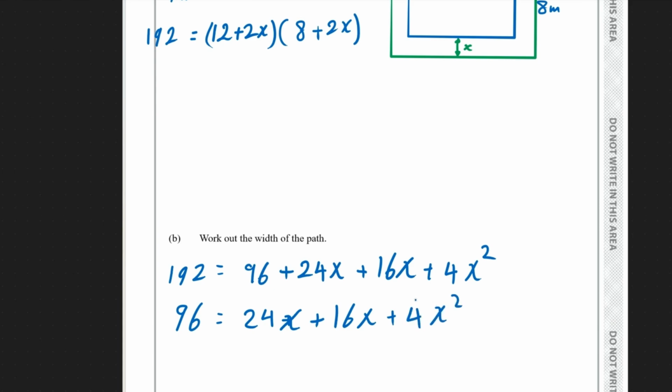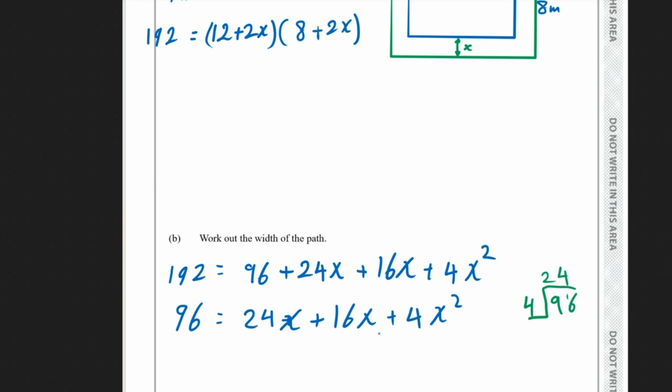Before we collect like terms, is there any way to reduce these numbers? Yes, there is something very interesting to observe. 4 and 16 can be divided by 4, 24 can be divided by 4, and 96, if you are not sure, have a go on the side. 96 divided by 4 is 24. 16 divided by 4 is 4.